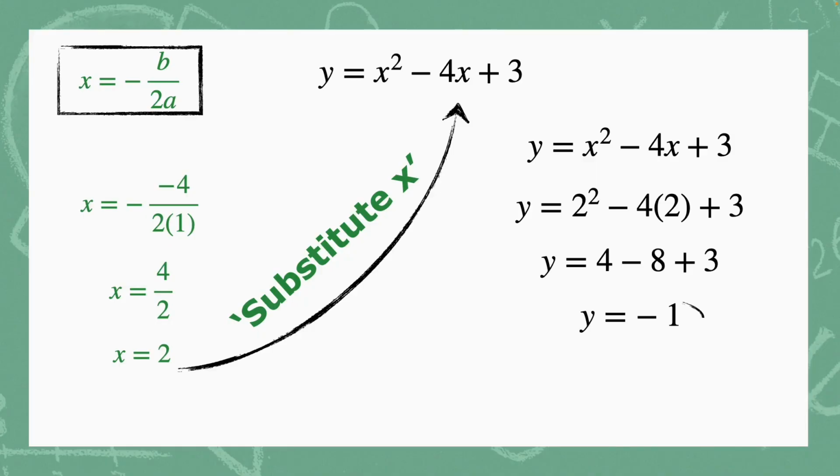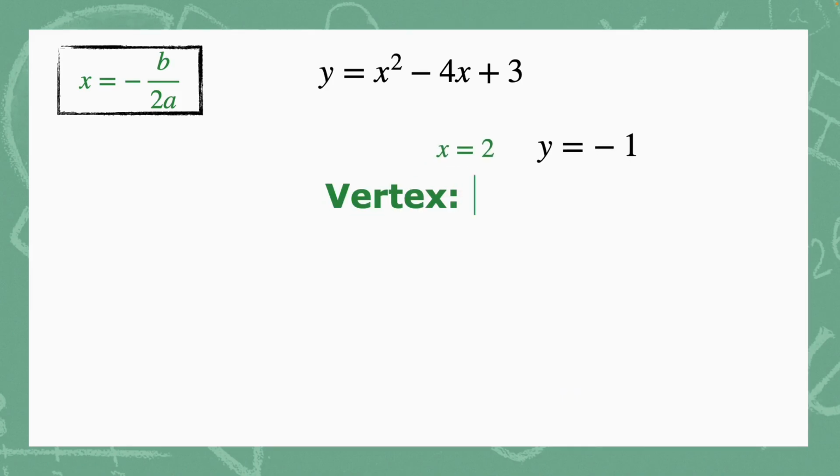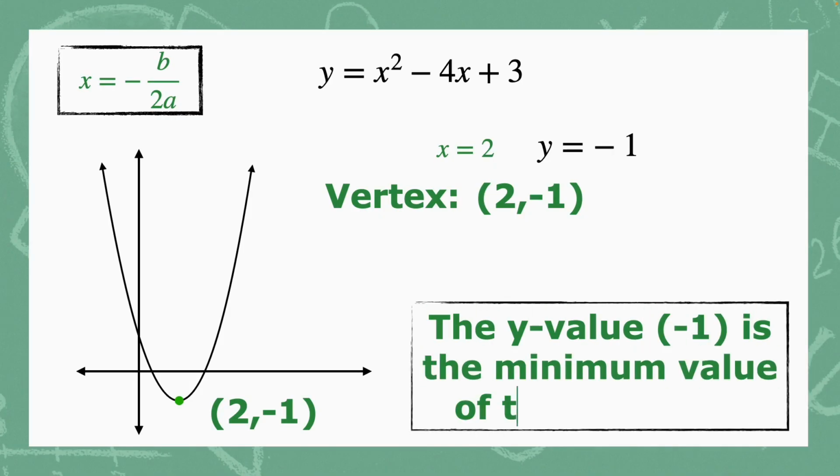So now I know that x is 2 and y is negative 1. And so if I'm going to plot my coordinate graph, or make the graph of this equation, I know the vertex will be at (2, negative 1), and that the parabola will open upwards since the value of a is greater than 0. That y value of negative 1 represents the minimum value of this function.